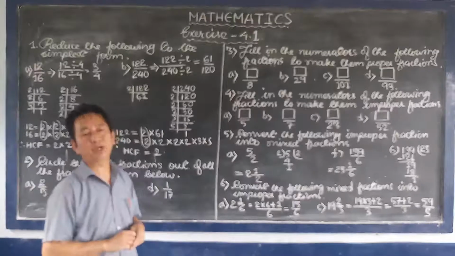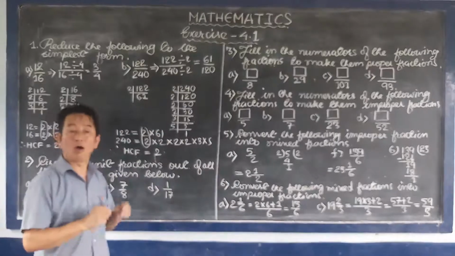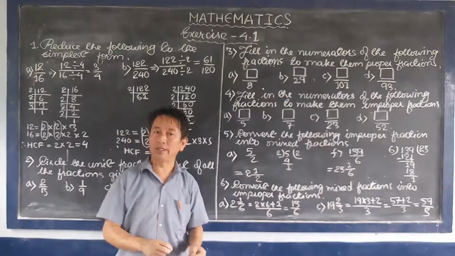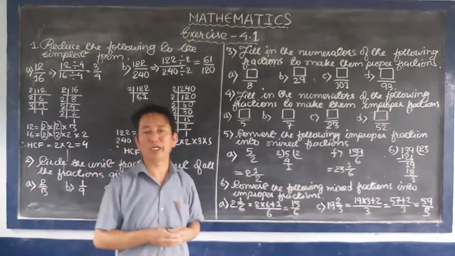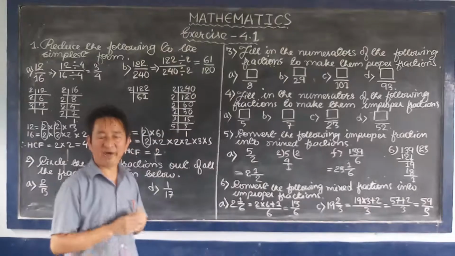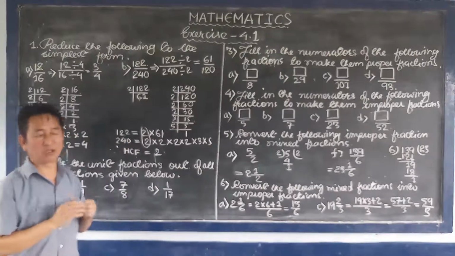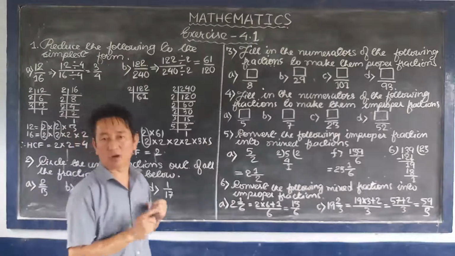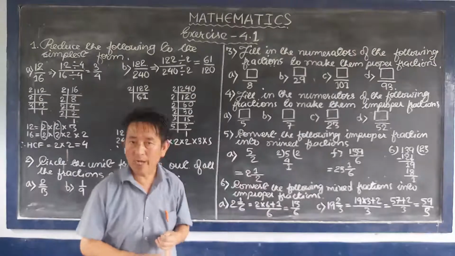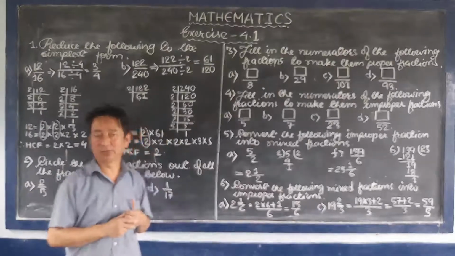Number three, improper fraction. A fraction whose numerator is more than the denominator is known as an improper fraction. Number four, mixed fraction. A mixed fraction consists of a whole number and a proper fraction.